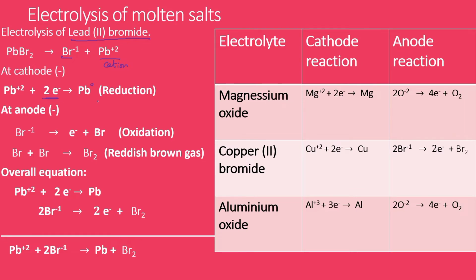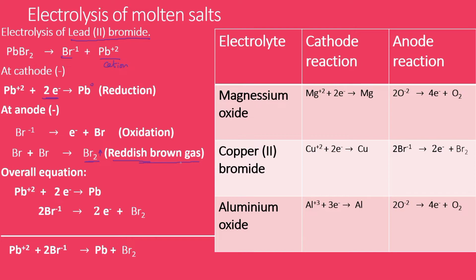So the process of reduction happens at the cathode. At the anode, the bromide ions will go and they lose their electrons and will change into bromine atoms. The bromine atoms will combine together to form bromine gas, and you can see over there a reddish brown gas would be formed at the anode.